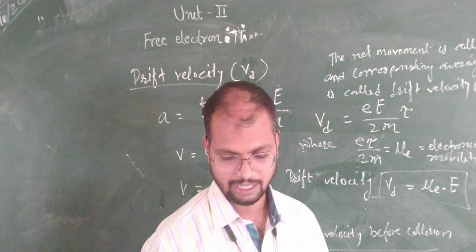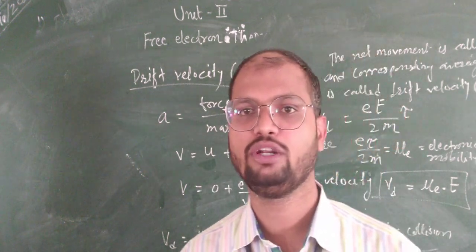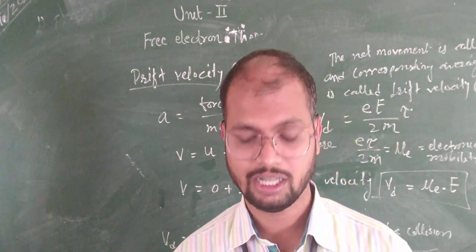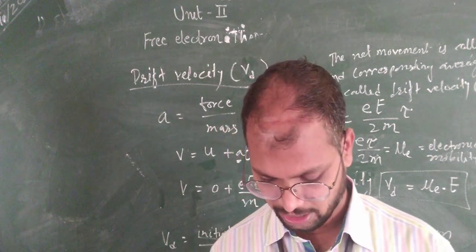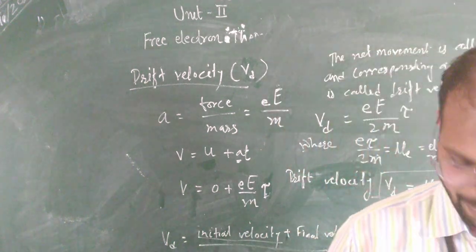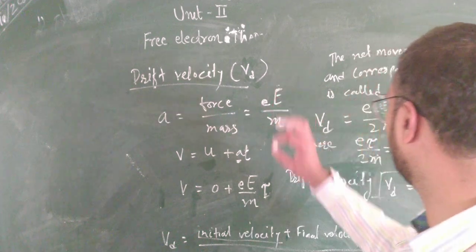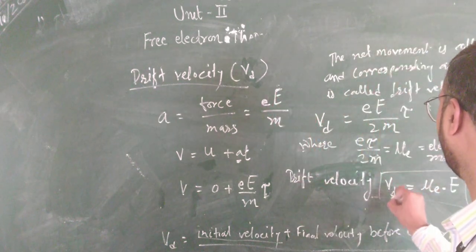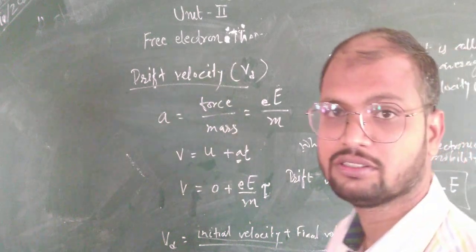And mean free path is equal to what? Lambda is equal to small v into tau, where tau is the time between two successive collisions and v is the average thermal speed of an electron. After that, we considered the drift velocity, and we found the expression of drift velocity, that is Vd is equal to mu e into E. Okay, thank you.